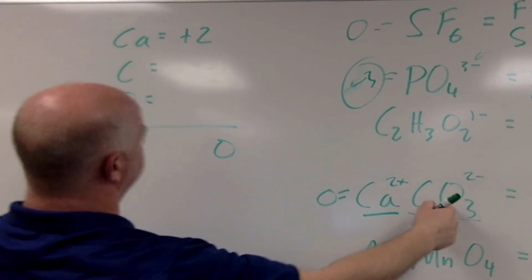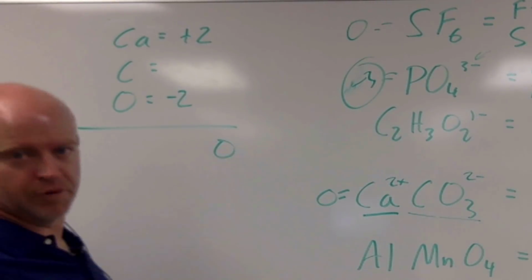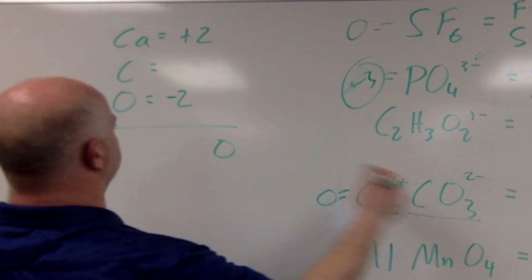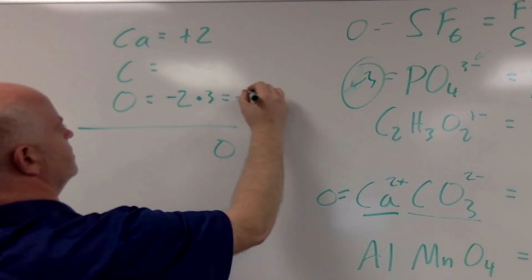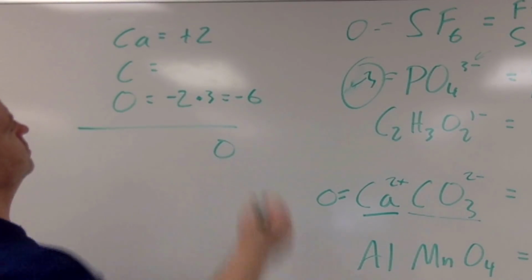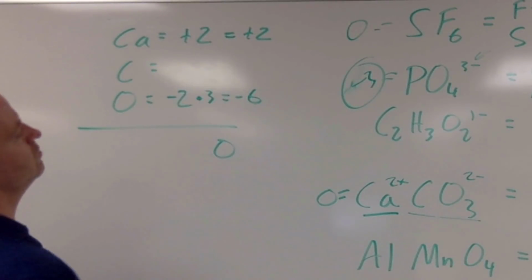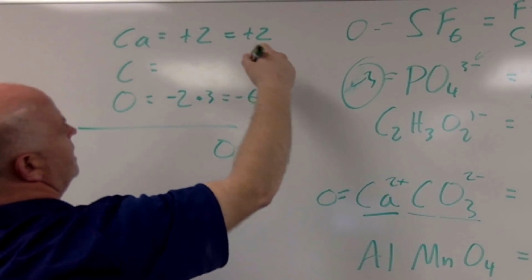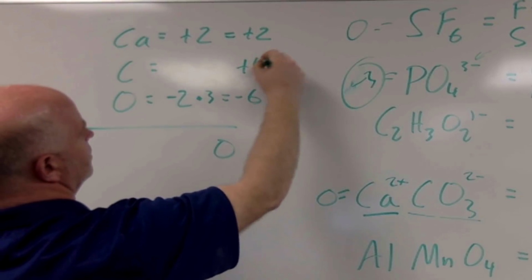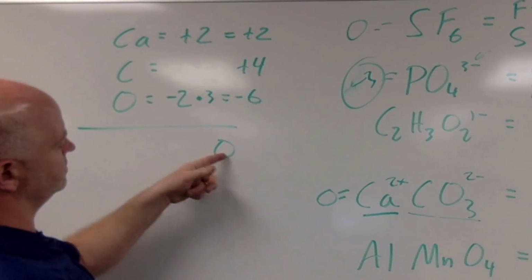We know that oxygen is always a -2, except for peroxides. And there's 3 of them, so times 3 is a -6. We have 1 calcium, so this ends up being a +2. And we have a -6, which means this value in here has to end up being a +4. Okay? 2 + 4 - 6 = 0.